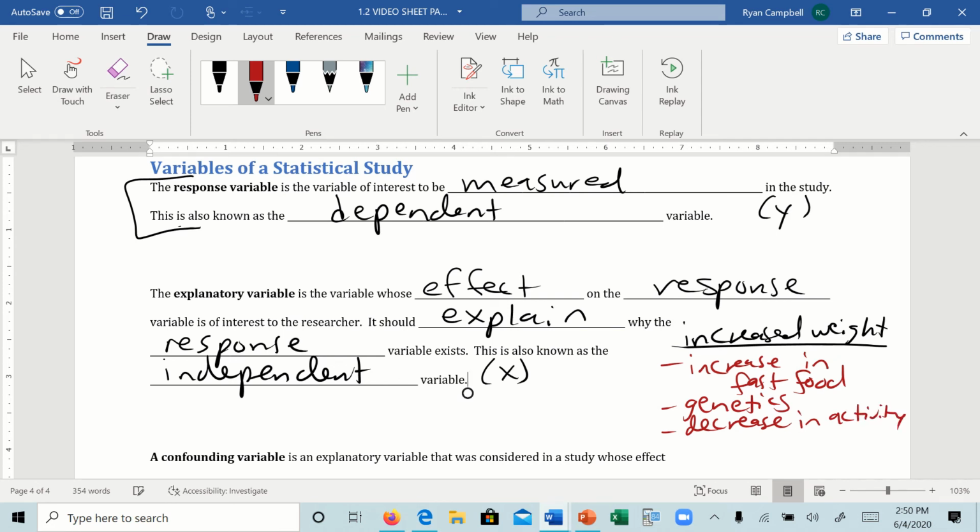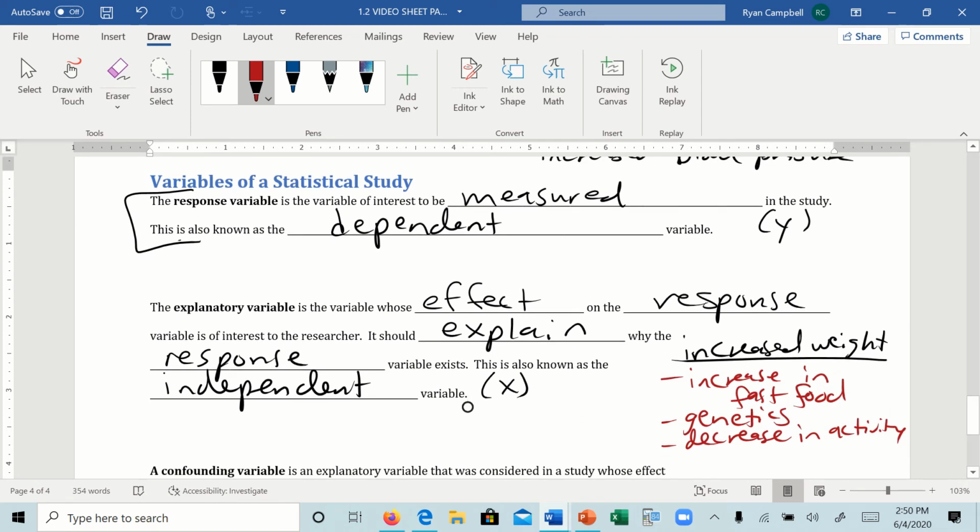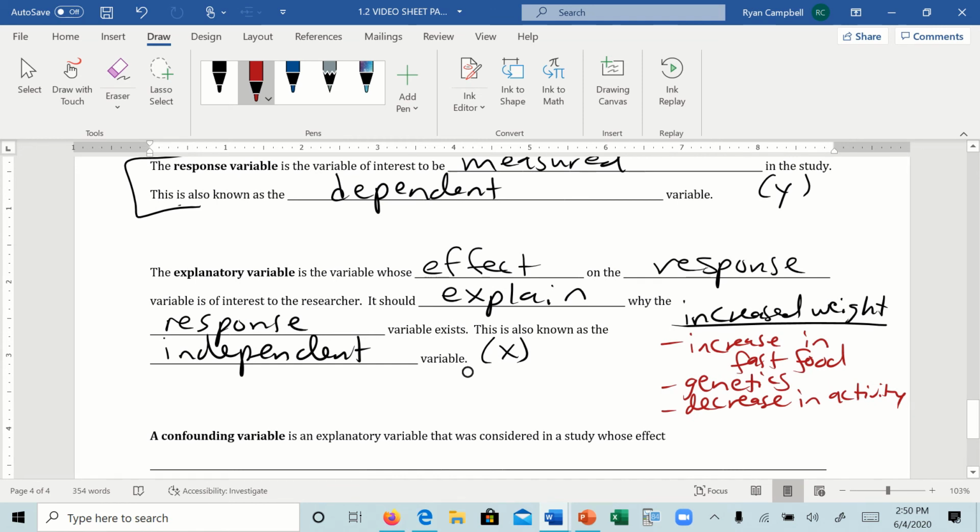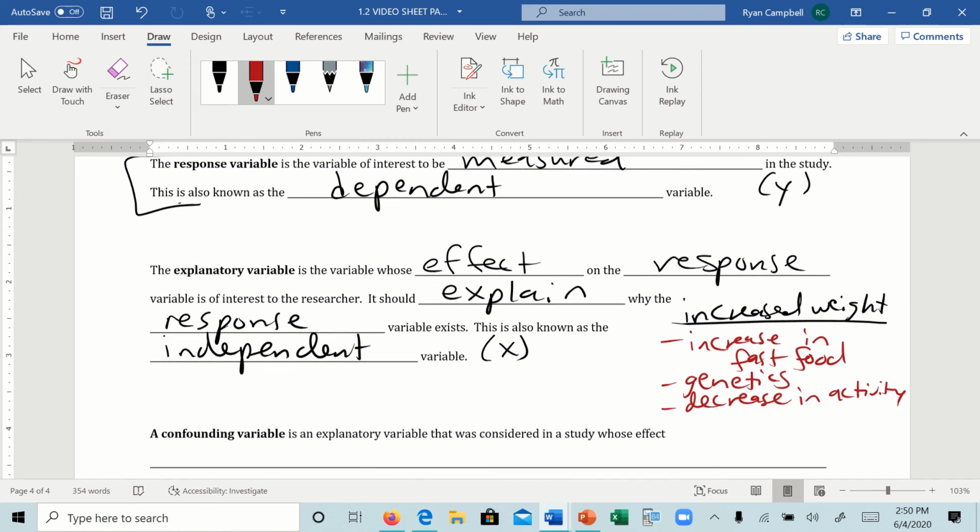There's lots of reasons why a group of people could have an increased weight over a period of years. And so we could just do an experiment on one of them and see, does this cause the response variable?